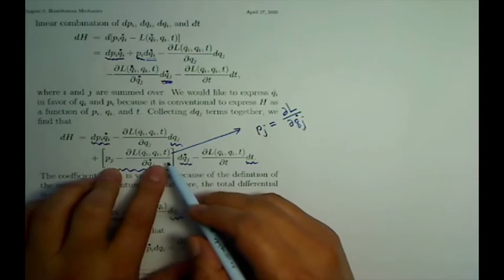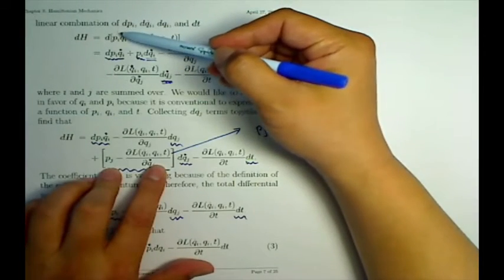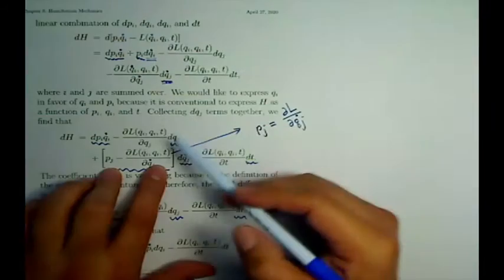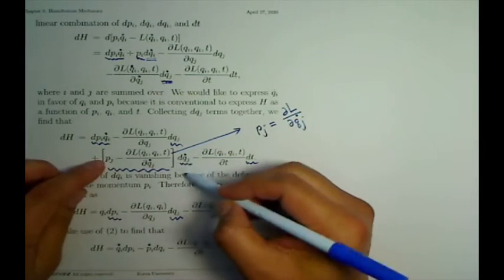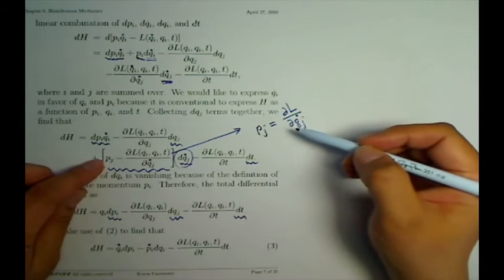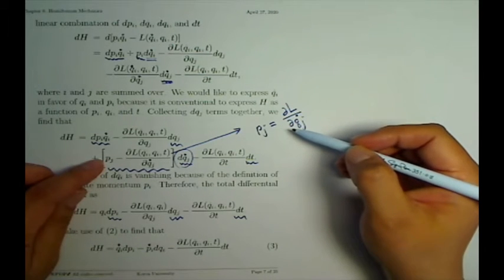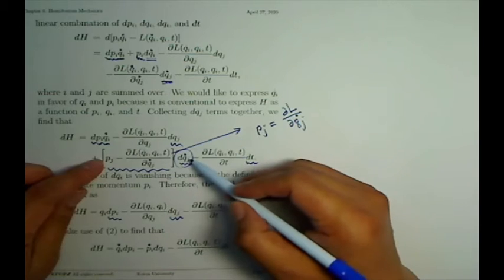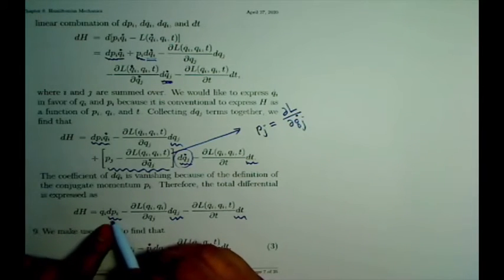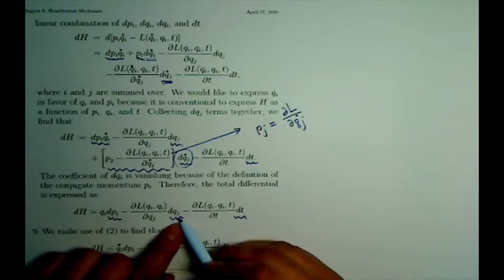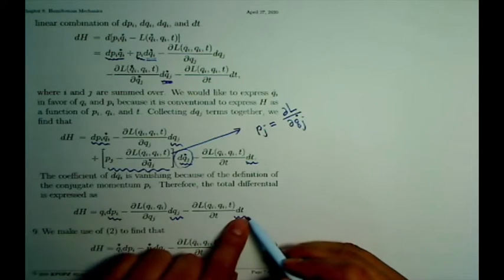So if we consider momentum p, then after Legendre transformation, the differential involving the velocity of the coordinate disappears. Therefore, we end up with the expansion in terms of momentum differential, coordinate differential, and time differential.